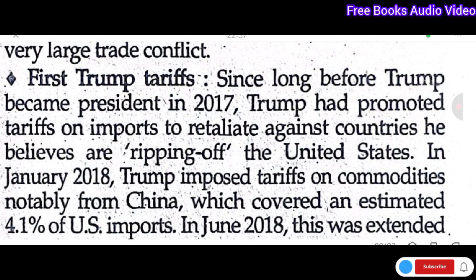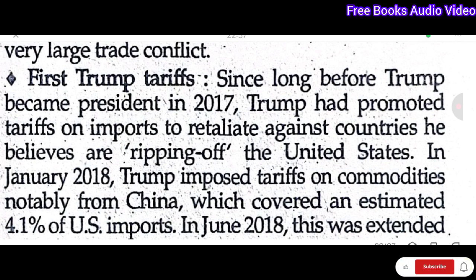First, Trump tariffs. Since long before Trump became president in 2017, Trump had promoted tariffs on imports to retaliate against countries he believes are ripping off the United States. In January 2018, Trump imposed tariffs on commodities, notably from China, which covered an estimated 4.1% of US imports.